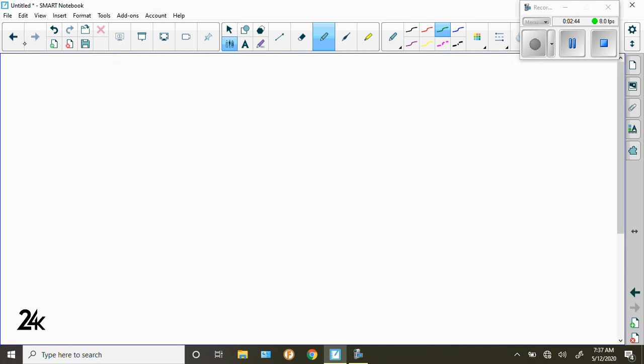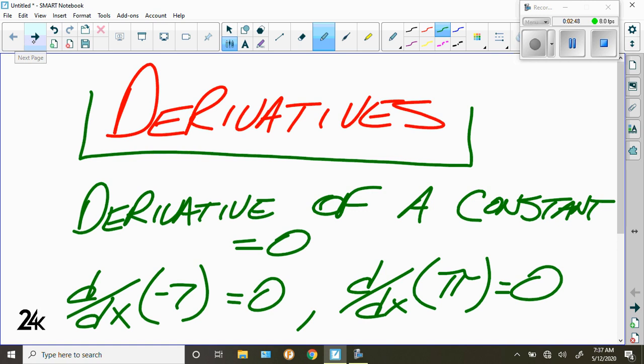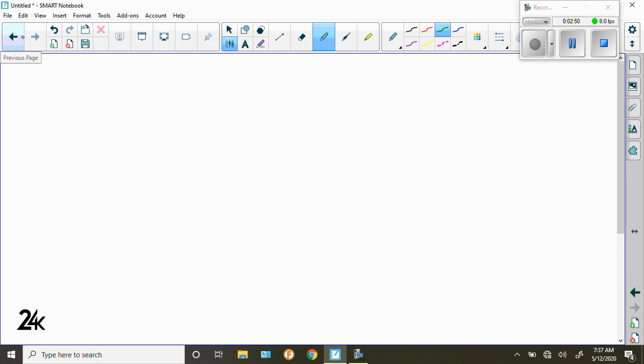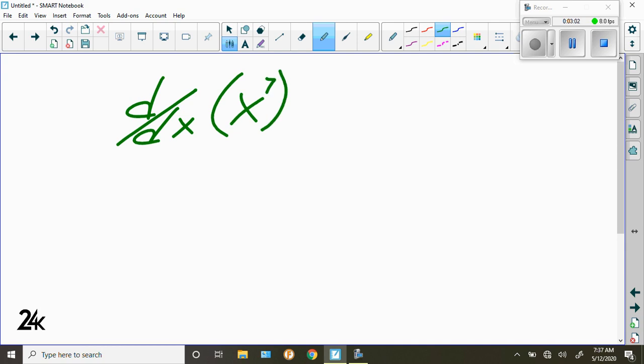Okay, next. Rule 2. Rule 2 says that whenever you take the derivative of something like x to the 7th, here's what you do: you get 7x to the 6th. So here's the deal.